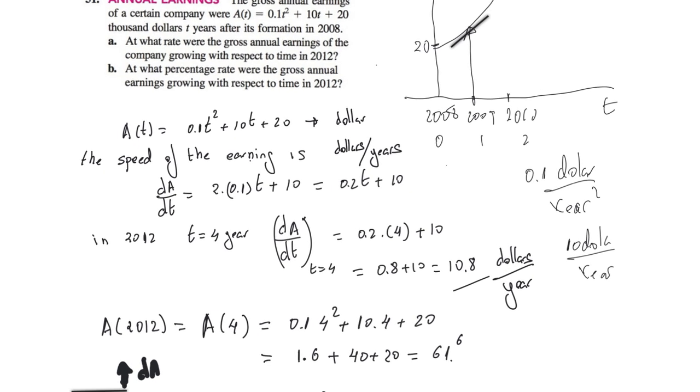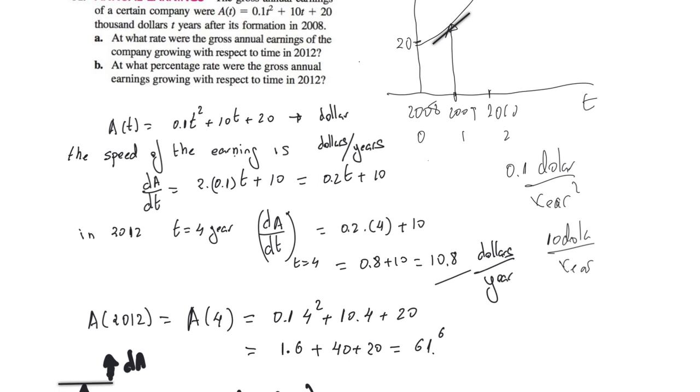Why? Because if I multiply $10 per year by time, in years, I will have just dollars, and dollars is the amount of earning. So what is the speed of the earning? It is in dollars per year. So how many dollars are you earning per year?